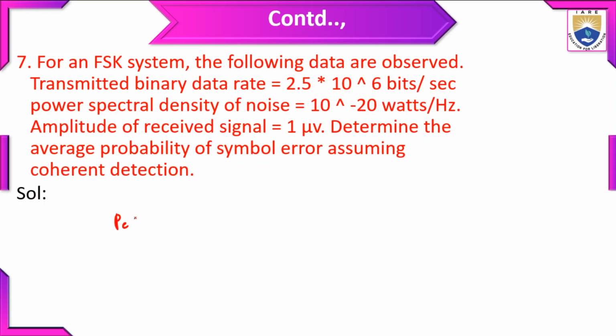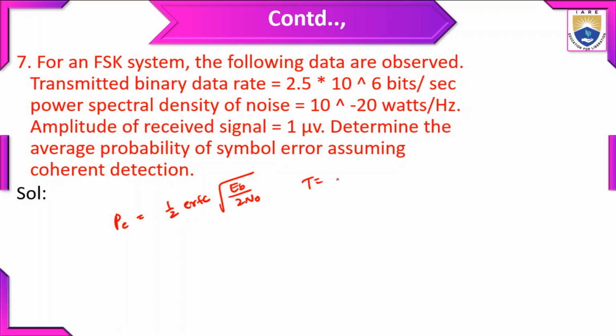Now P is equal to 1 by 2 erfc of square root of Eb by 2 N naught. Previously you used exponential, now we are taking erfc. You can use the probability of error in different ways, but both are the same.